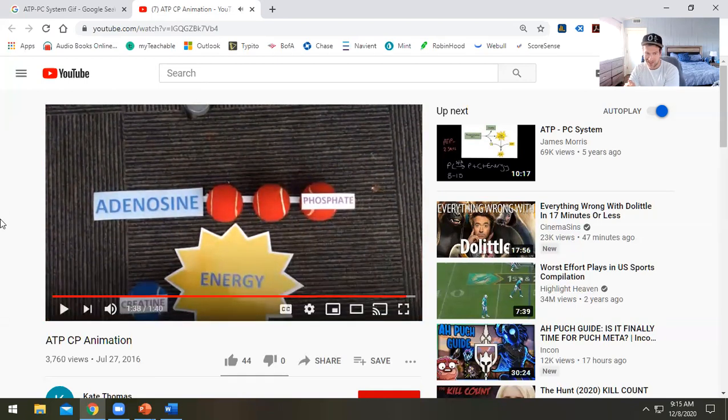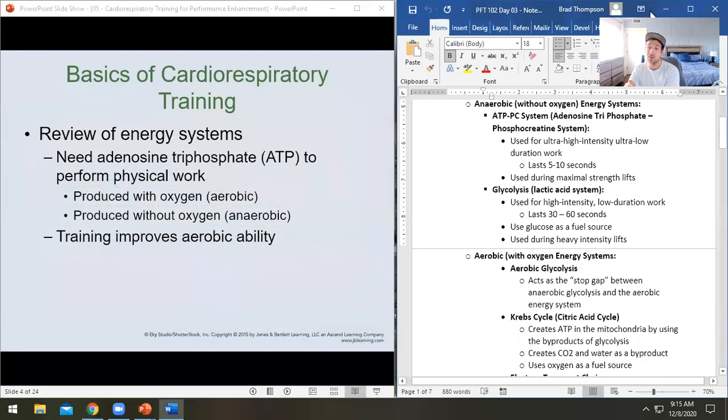So that is ATP-PC in a nutshell. This is your ATP-PC system, and sometimes it is referred to as your phosphagen system. Sometimes you'll hear it referred to as the ATP-CP system, where they flip these words around and it becomes the adenosine triphosphate creatine phosphate system.